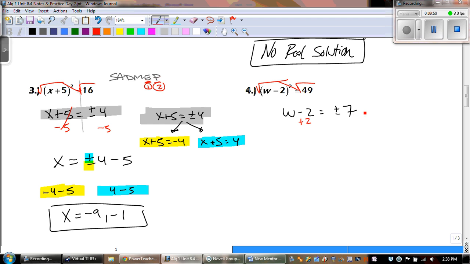So I'm going to add 2, and I'm going to add 2. And now we're going to split it up into the two different parts. We have negative 7 plus 2 and 7 plus 2, because we got the negative and the positive. And when we're done, negative 7 plus 2 is negative 5, and 7 plus 2 is 9.